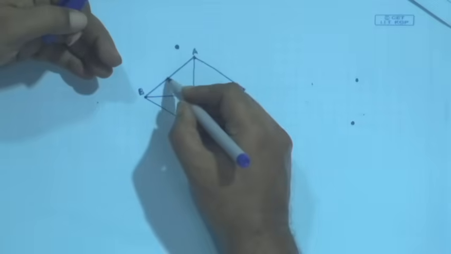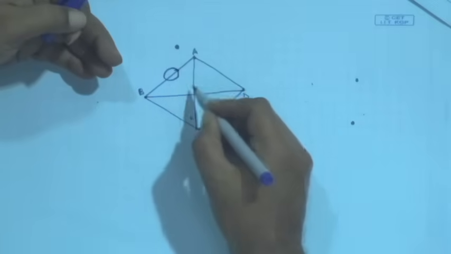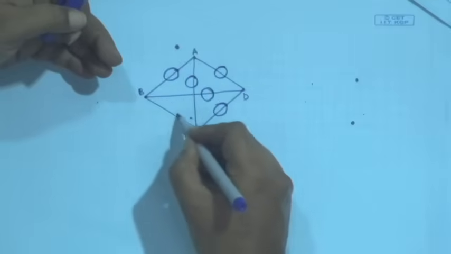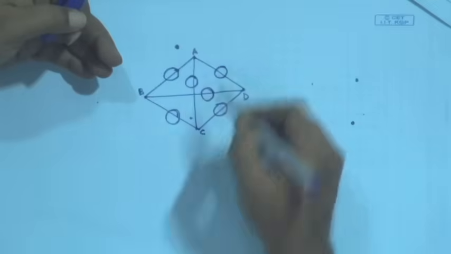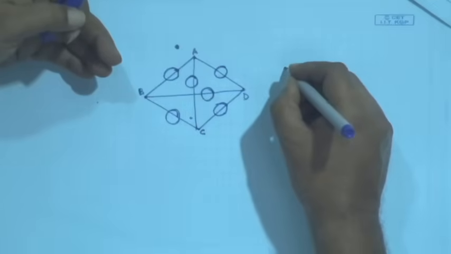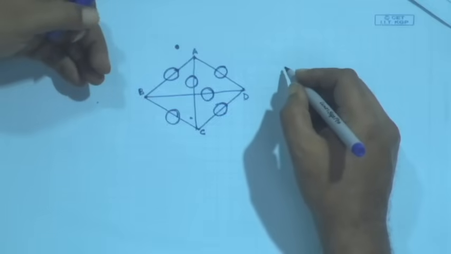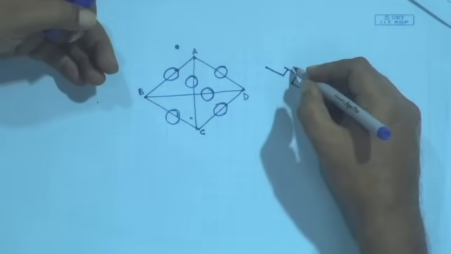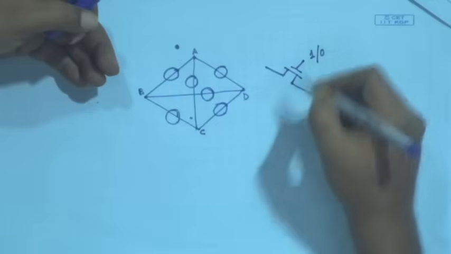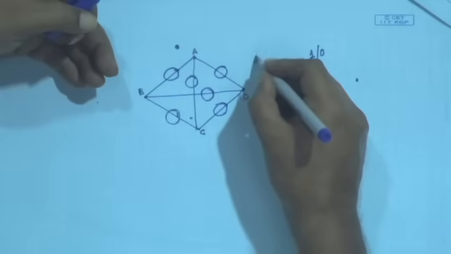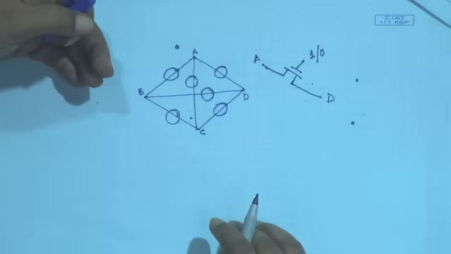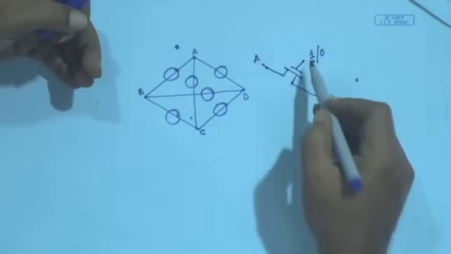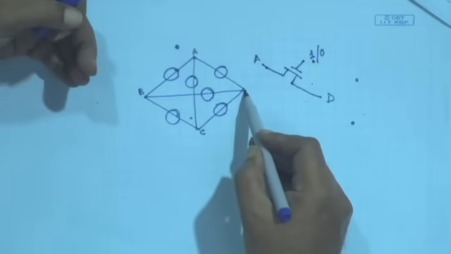Therefore, at each of these junctions, 1, 2, 3, 4, 5, 6, each of these points, if I put a pass transistor with a 1 or 0, say any 2 points, say this is A, this is D. If I make it 1, that means A and D will be connected.